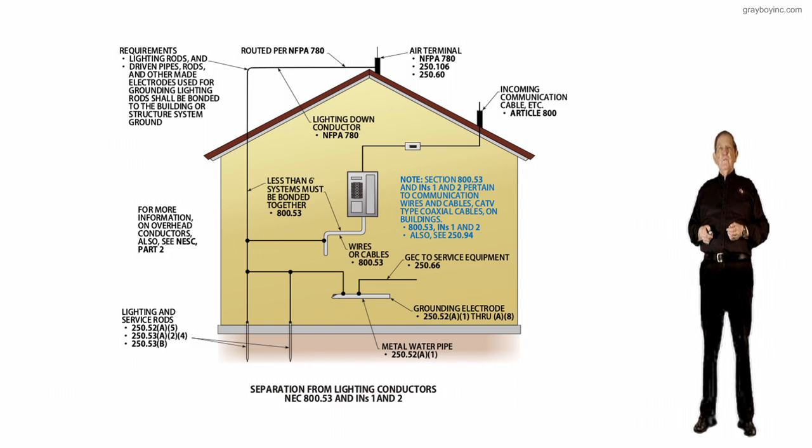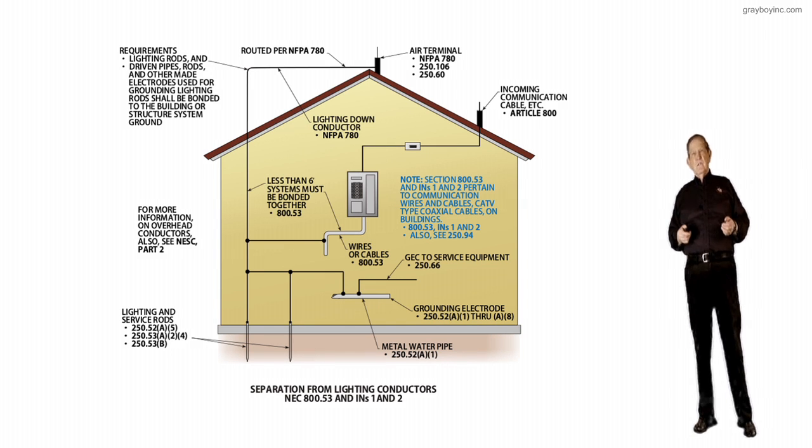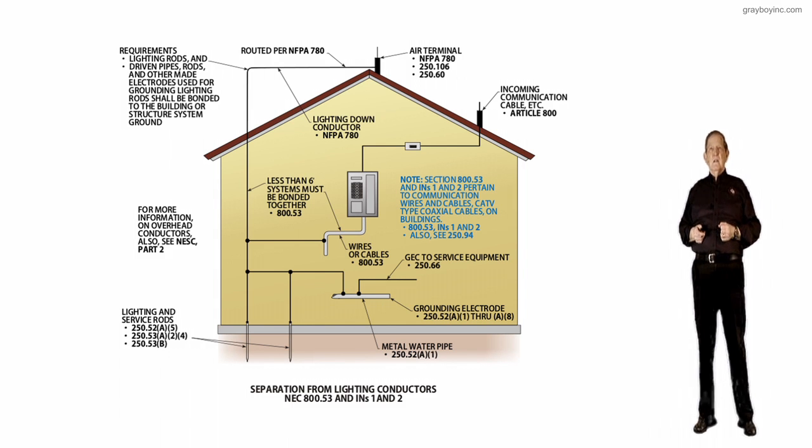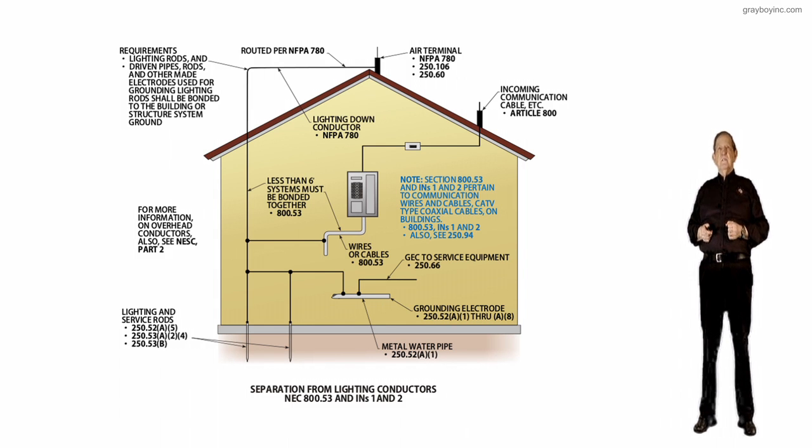And notice 250.53(A)(2) through (A)(4), the electrician uses those sections to install a driven rod. And then 250.53(B) kind of tells you what can be used and what cannot be used as a driven rod, if my memory serves me correctly.